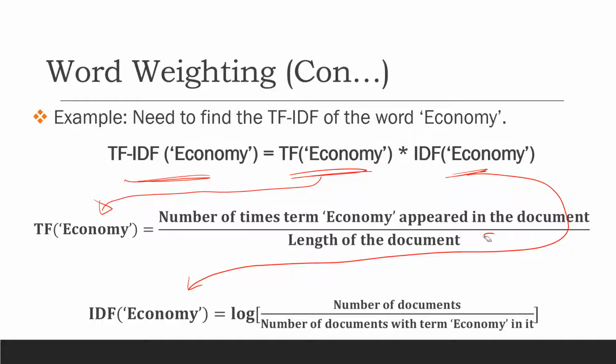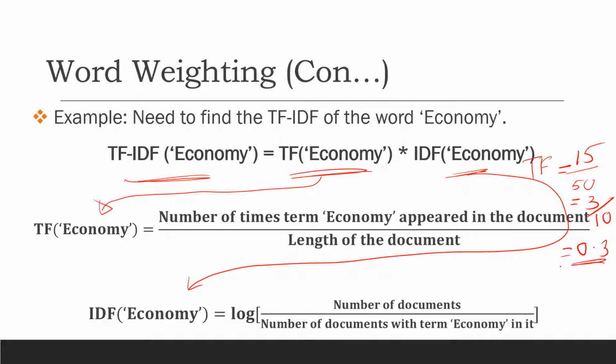Among the 50 words, how many times do they mention the term economy? Let's say only 15 times. So here we calculate the TF, term frequency of economy, equal to 15 divided by 50. That is 3 divided by 10, which is equal to 0.3.